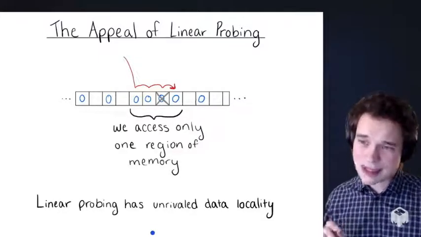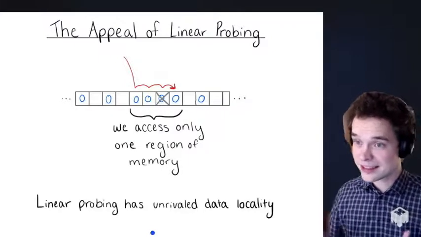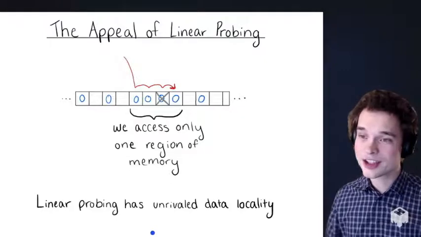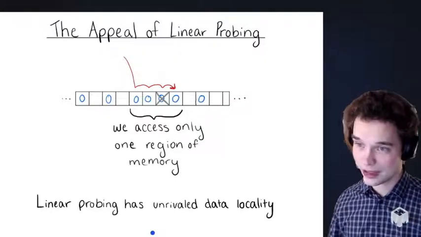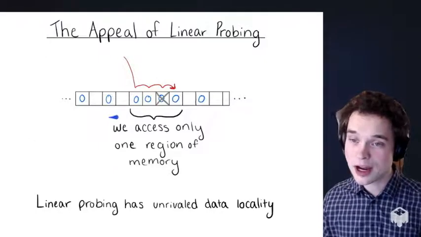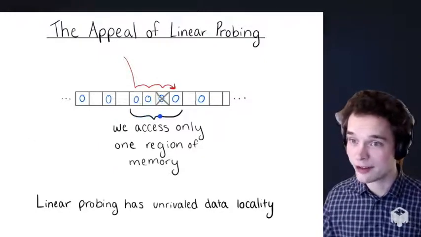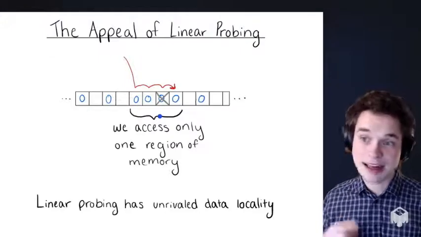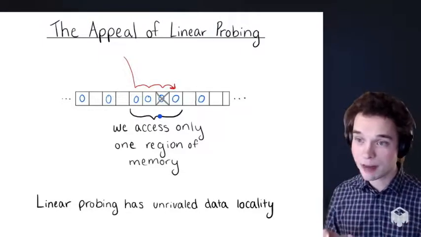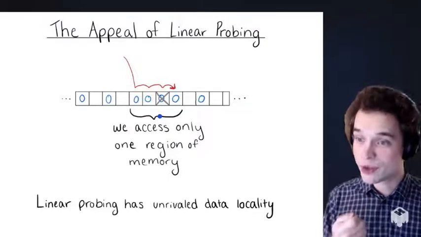But the thing that really makes linear probing phenomenal, and the thing that still gives it a competitive advantage today, is that linear probing has incredible data locality. That means that each operation accesses only one small contiguous region of memory. What that meant in 1954 is that on the IBM 701 machine, each operation might access only a single drum track.